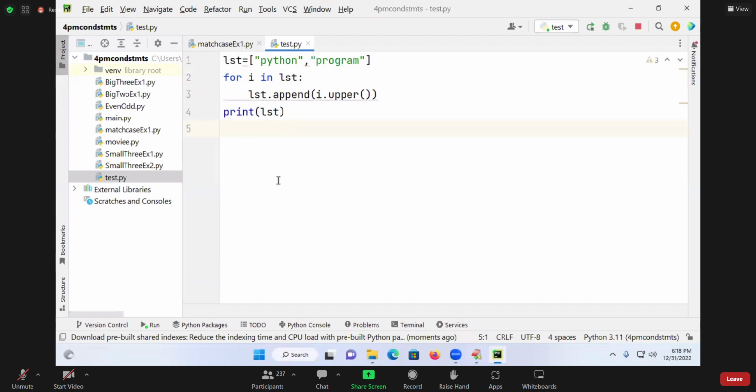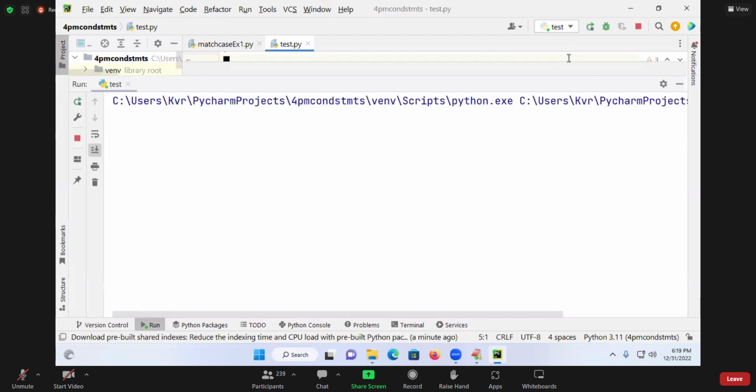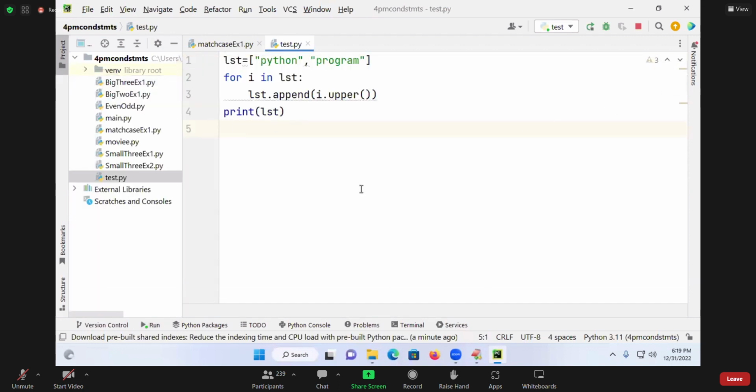lst.append of. lst.i.append. lst of it. What is happening in this code?